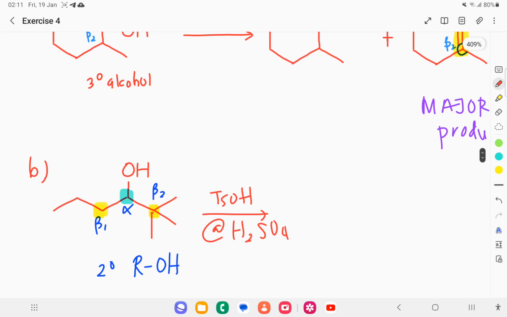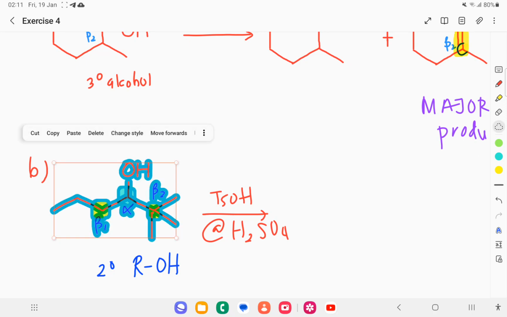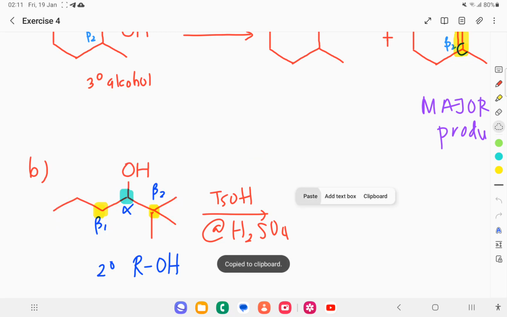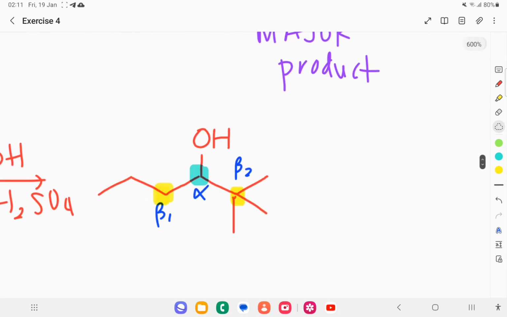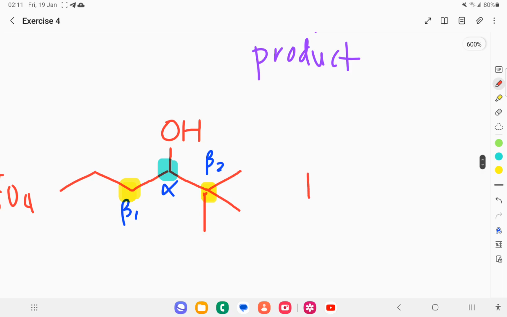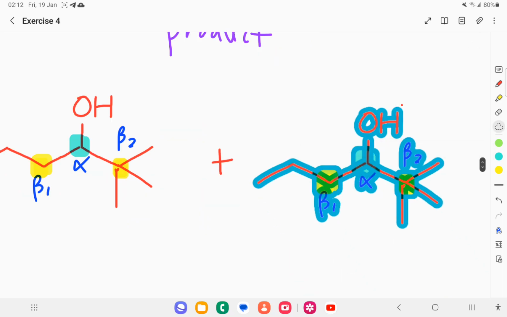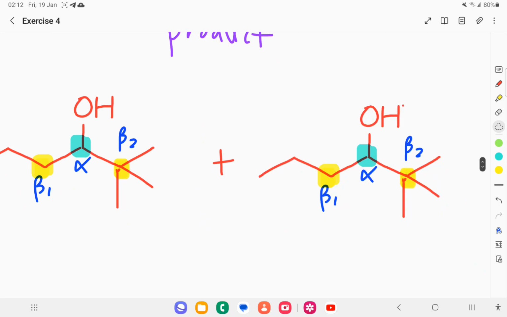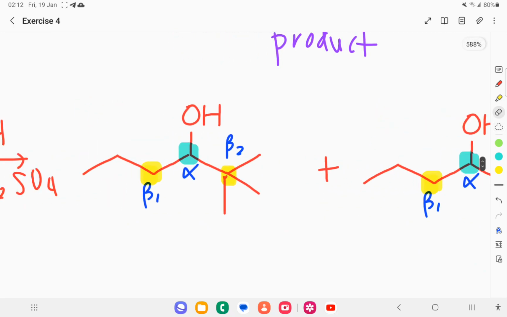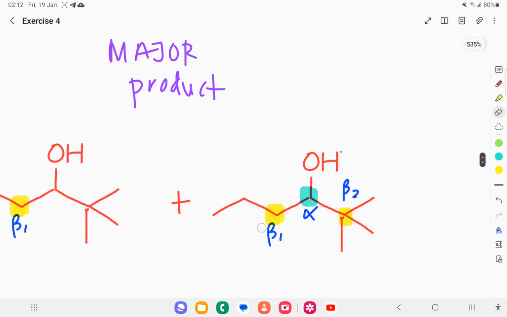The products formed are 2 products only, because it only has 2 beta carbons. Okay, give me some time to copy everything. Consider this as the first beta carbon, and this is the second beta carbon.